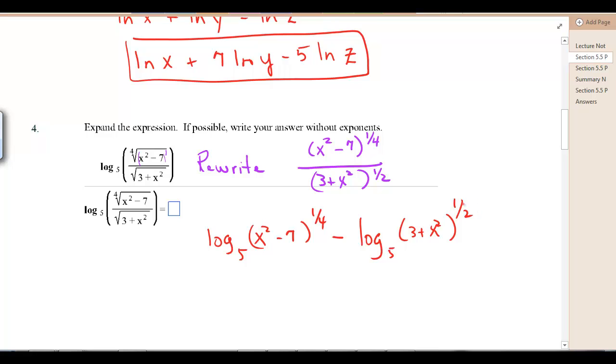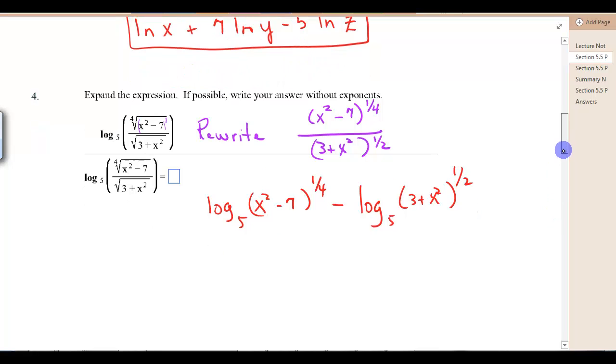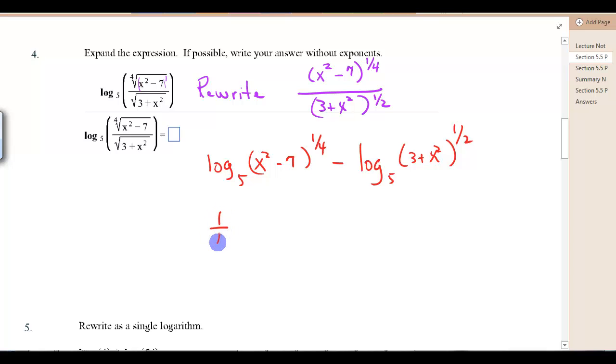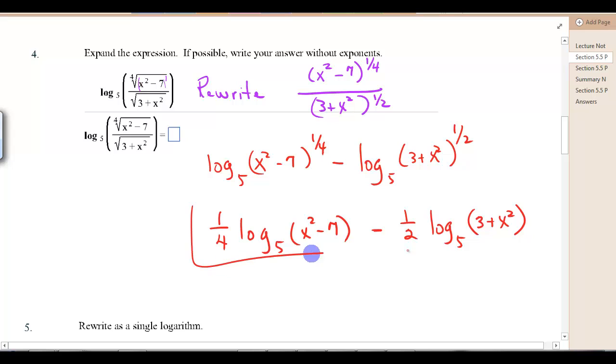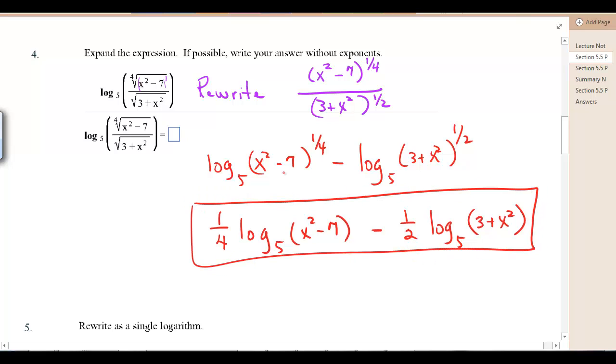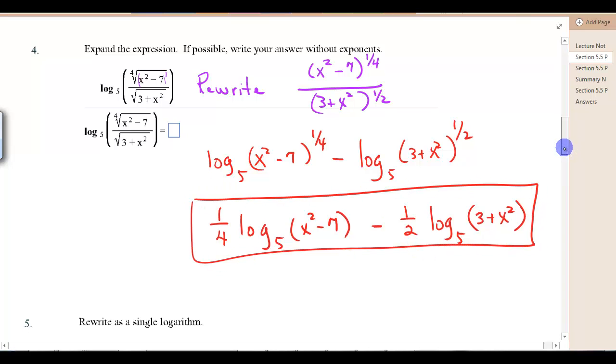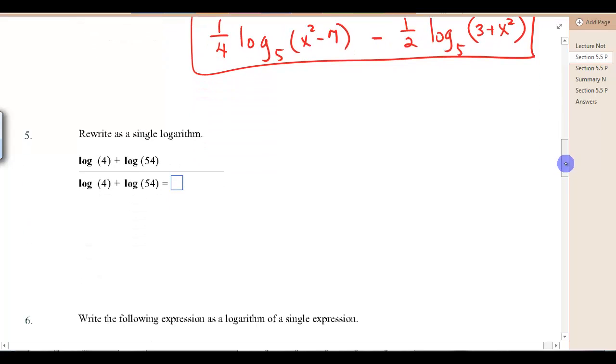All right, and then our powers can come to the front. So we have 1/4 log base 5 of x squared minus 7 minus 1/2 log base 5 of 3 plus x squared. And that would be your answer. Same process, just rewrite that and it'll make it easier to work with.